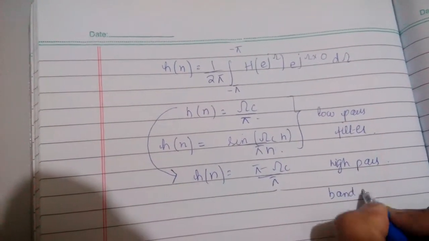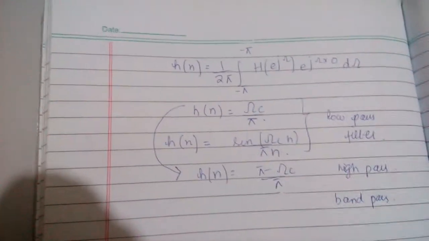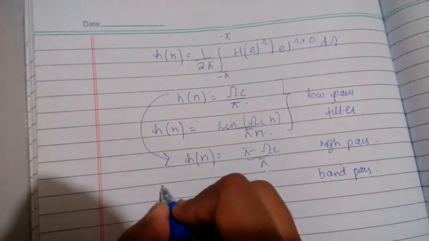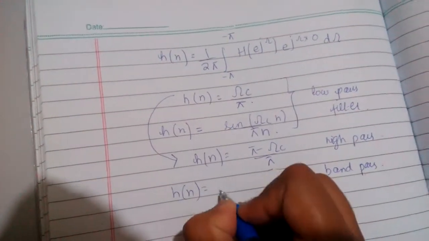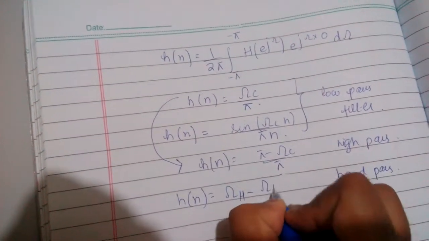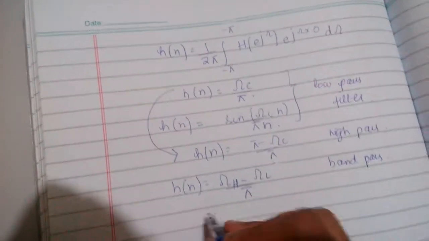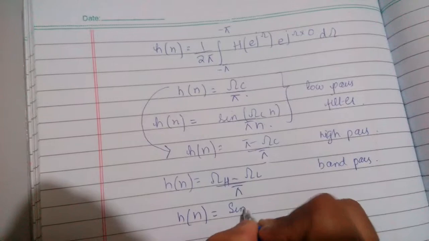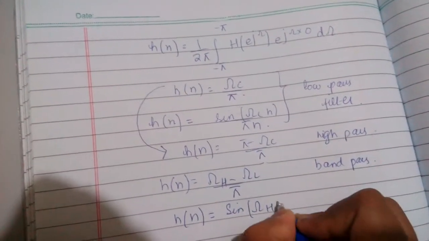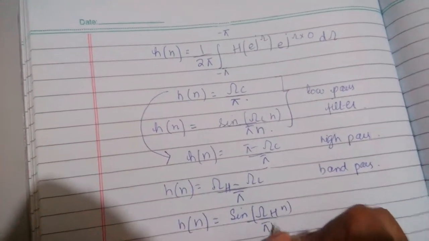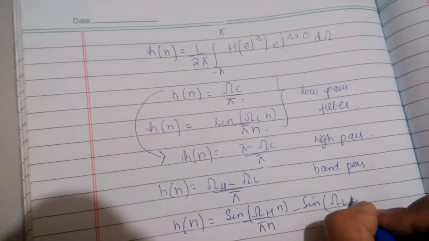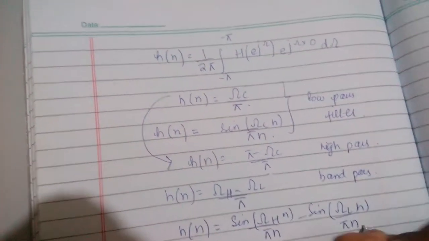Then for band pass, as we know that the band pass is a combination of both high and low pass, so the formula is sigma h minus sigma l over pi. And for n not equal to 0, it is sine sigma h n over pi n minus sine sigma l n over pi n.